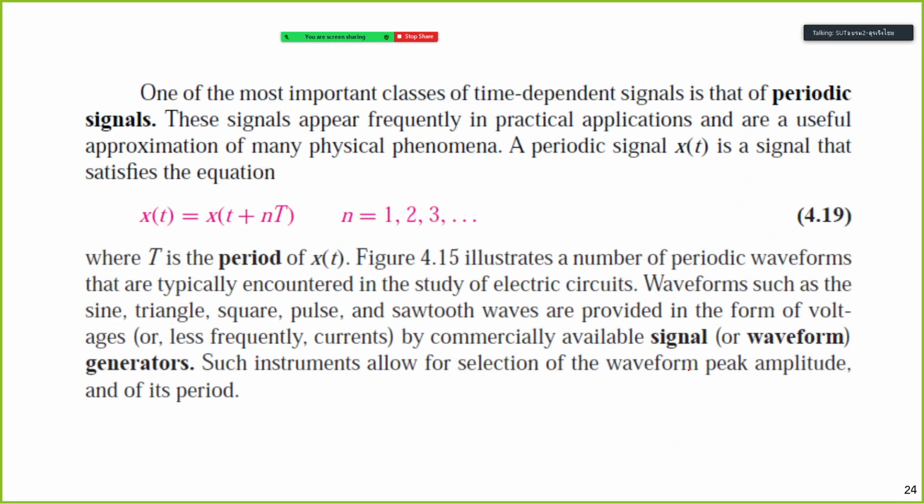And this type of signal will have a periodic characteristic. So the signal at time t will equal the signal at time t plus n capital T, where capital T is the period of x(t).